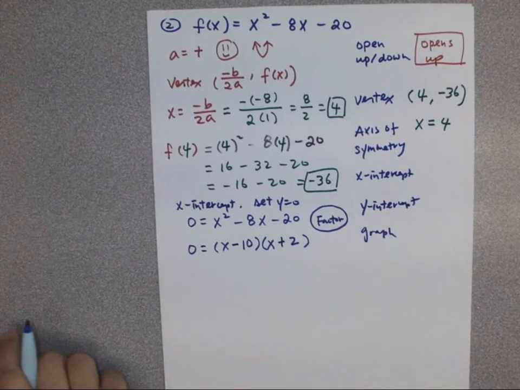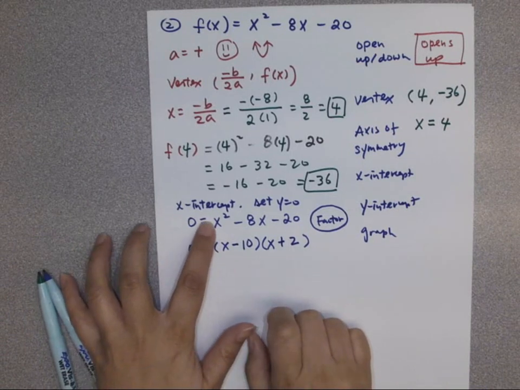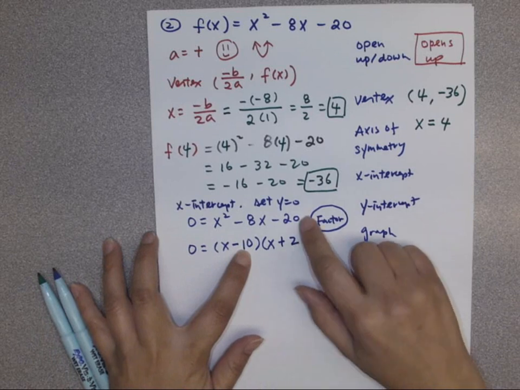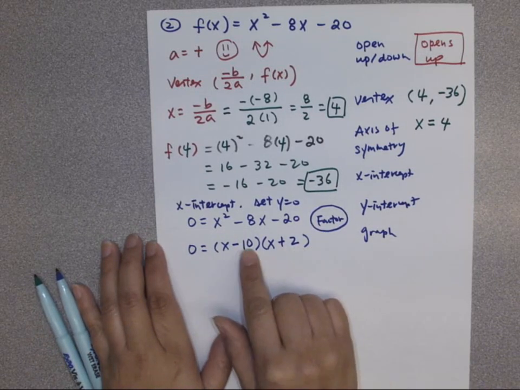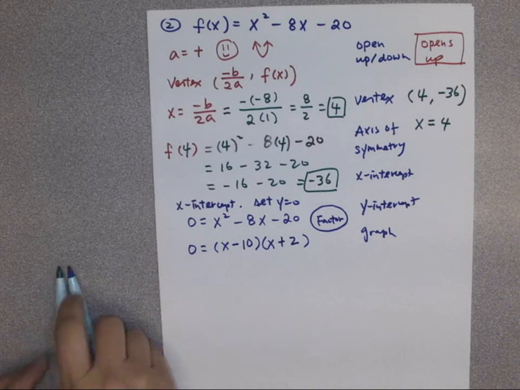So I can double check it, but it's perfectly fine if you want to do the AC method, okay? x times x is x squared. Negative 10 times positive 2 is negative 20. Outside we have plus 2x. Inside minus 10x. Together we will have negative 8x. So that looks correct.